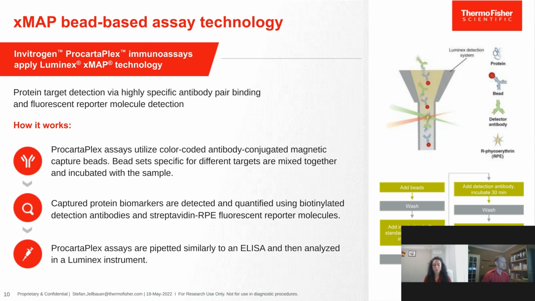Lasers in the Luminex instruments then excite the internal dyes that identify either the microsphere, so the bead itself, or the reporter dye, which is captured on the detection antibody, which then provides the quantitation of an individual analyte on each microsphere. So this technology enables you to multiplex the measurement of up to 80 targets in every single well. On the bottom right-hand side, you can see the workflow of the assay. It's a very simple ELISA-like workflow.